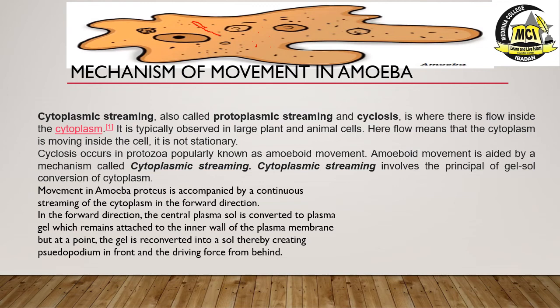So there is a conversion, which means when the sol moves forward, the gel will move what? Backward. And then the reverse case. When the gel moves forward, the sol will move backward. And this is what aids the elongation of this pseudopodia we are seeing here.